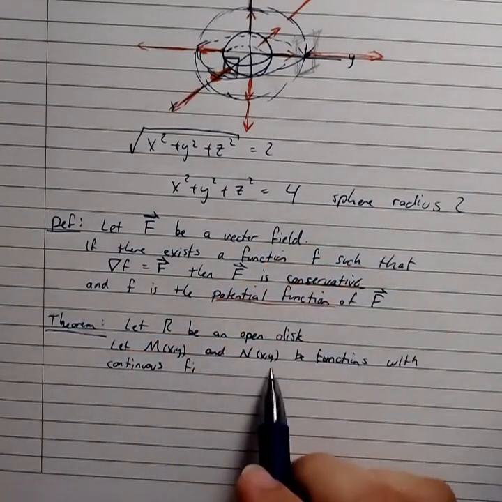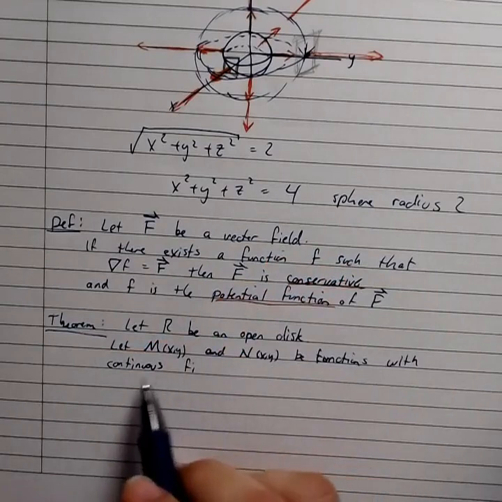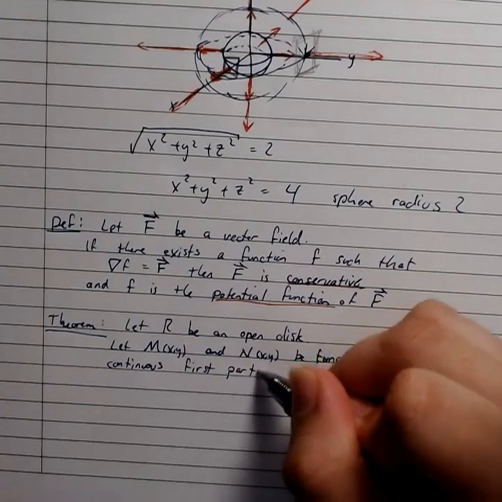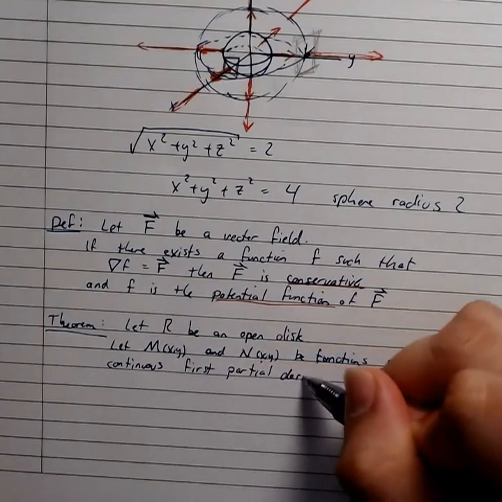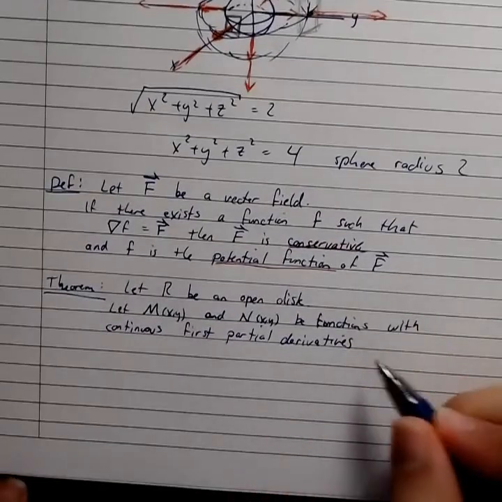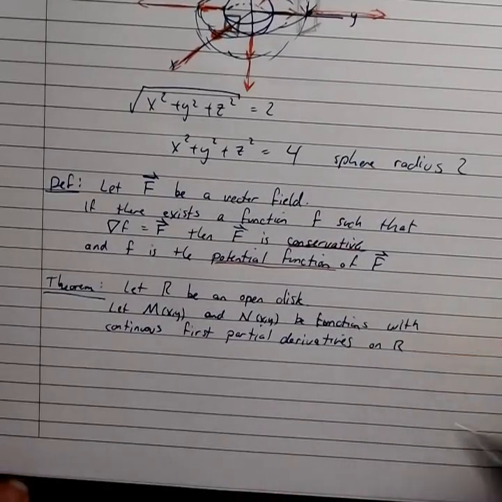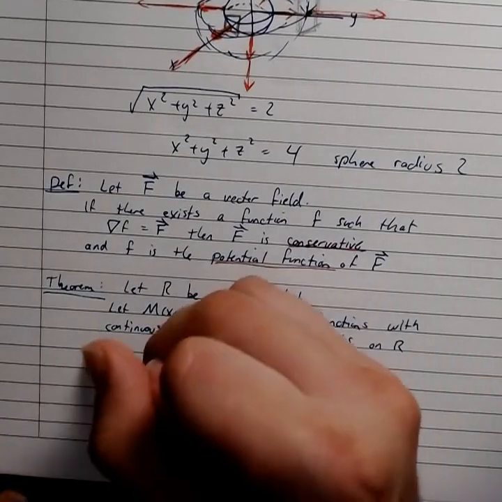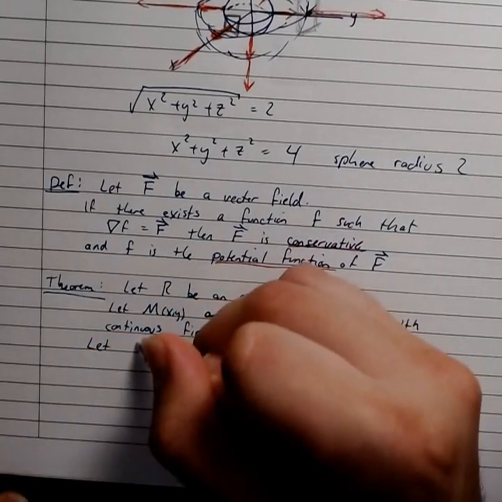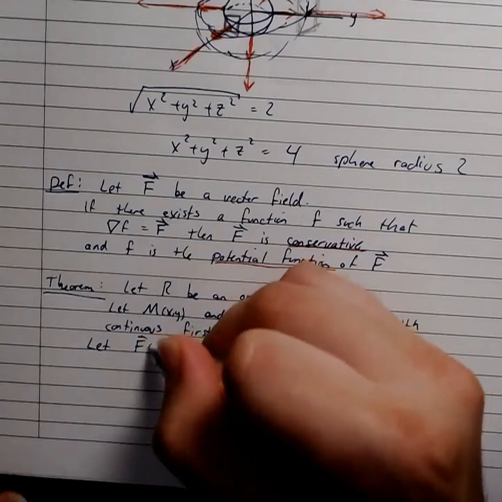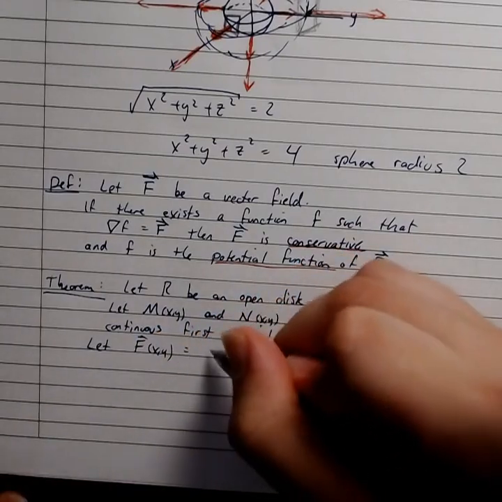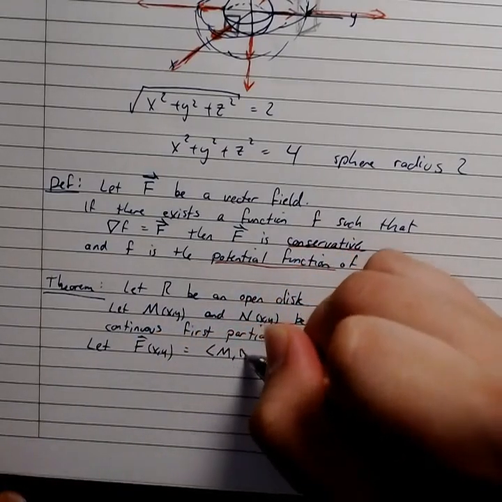We can take their partial derivatives and we can note that they are continuous on R. Finally, let F of x comma y be a vector field that's given by the vector M comma N.